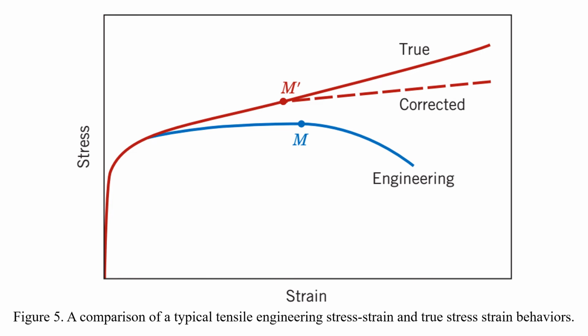During the development of necking after point M, the cross-section area of the sample reduces rapidly, and so the apparent load capacity of the sample also decreases greatly. In fact, the strain hardening still enhances the strength of the material as the strain increases.